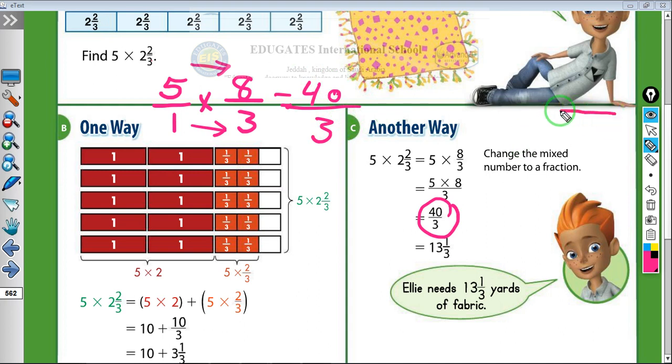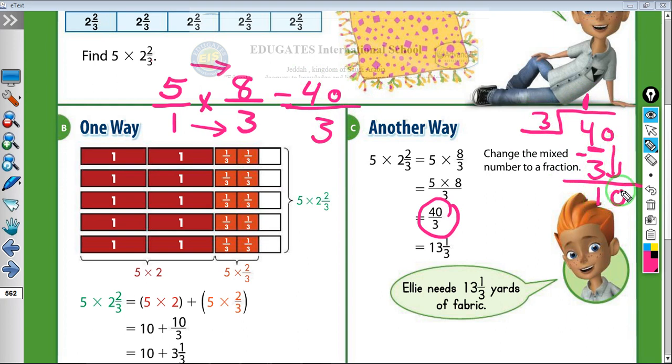How do we make a long division? 40 divided by 3. Firstly, take the first number. The 3 goes how many times to be 4? Just one time. 3 times 1 is 3. Subtract. 4 minus 3 is 1.